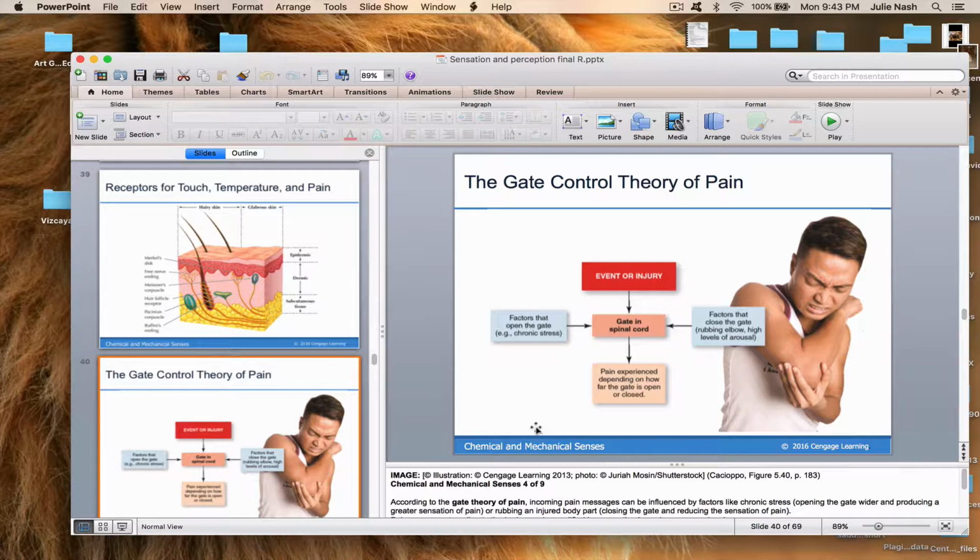And when pain comes in that we need to feel, it stops inhibiting those and allows them to send a pain message to the brain. So really it's not so much a gate as an interneuron that's constantly inhibiting our pain receptors until we actually feel pain, and it stops inhibiting because it's inhibited by the new pain message coming in, allowing the pain receptor to send its message to the brain. So that's actually how it works.